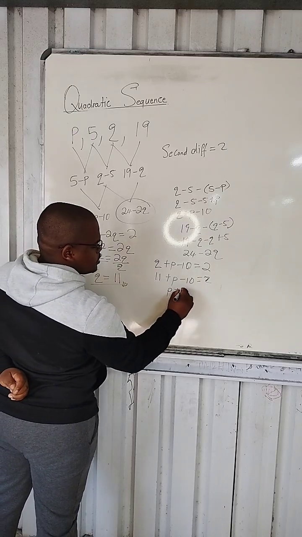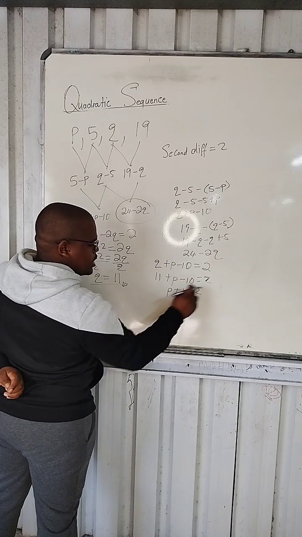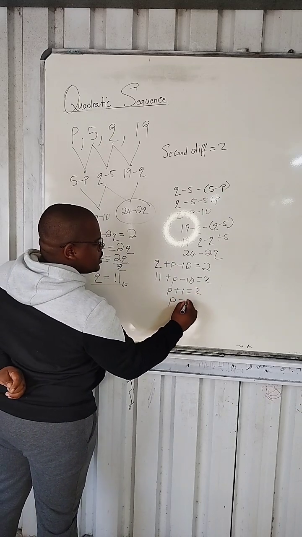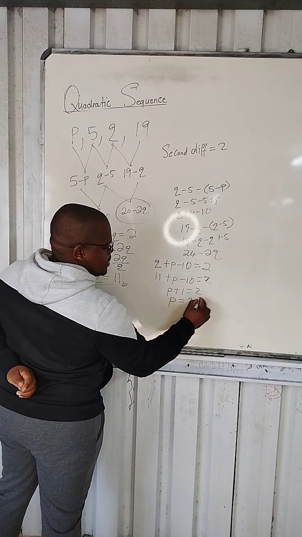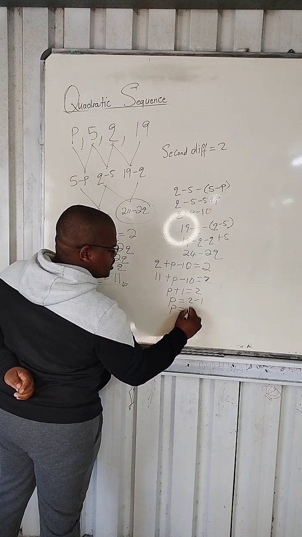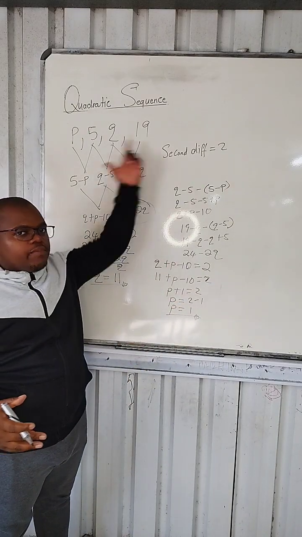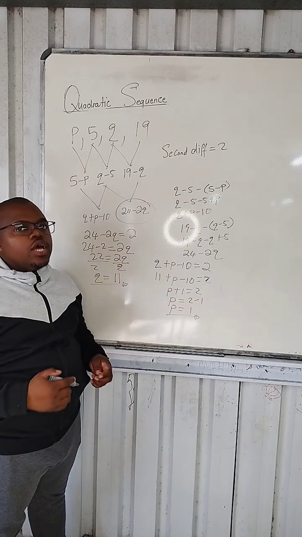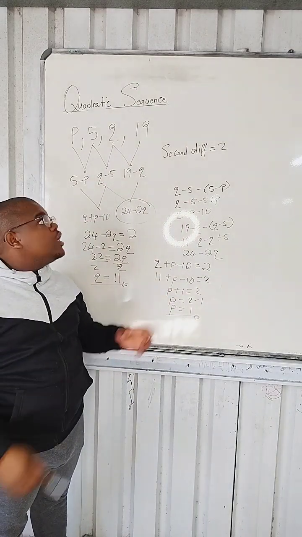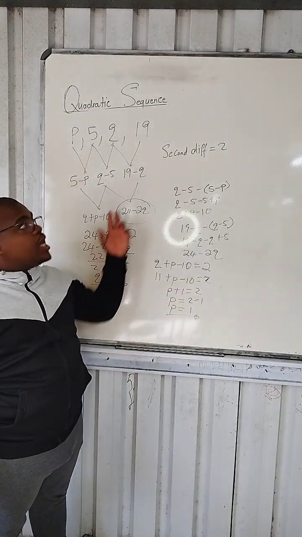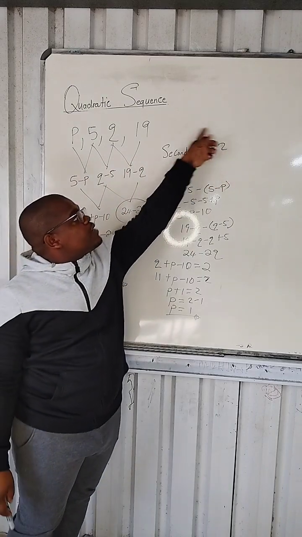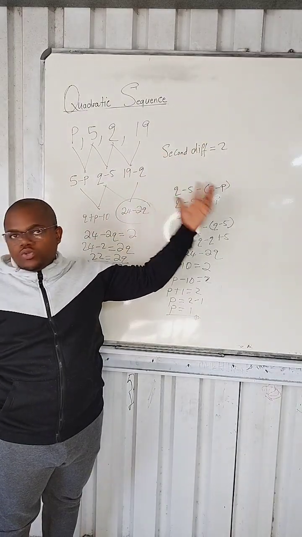So we have P plus 1 equals 2. Take this to the other side. P is equal to 2 minus 1. So P is equal to 1. That is how we solve such a complex problem. So every time you are looking for a quadratic like this one and you are told that the common difference is 2, that's how you do it.